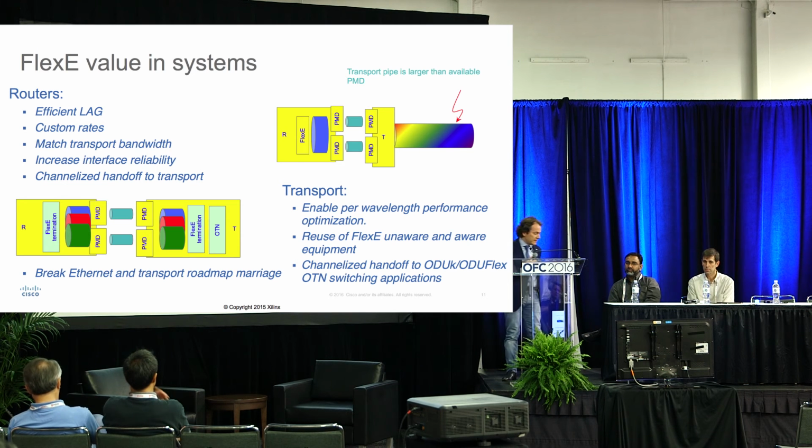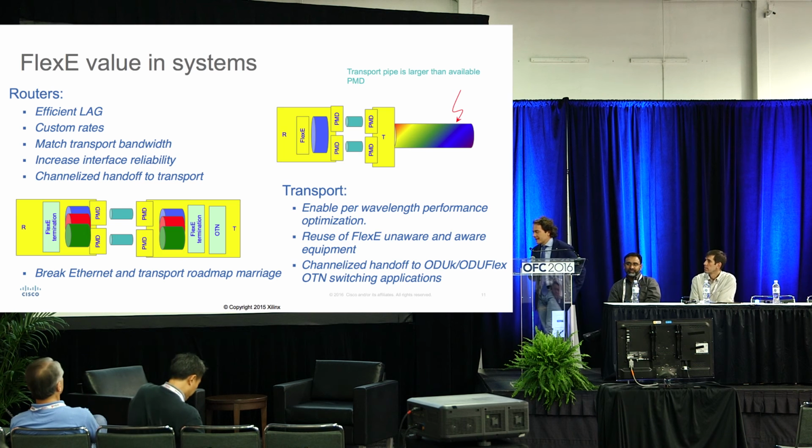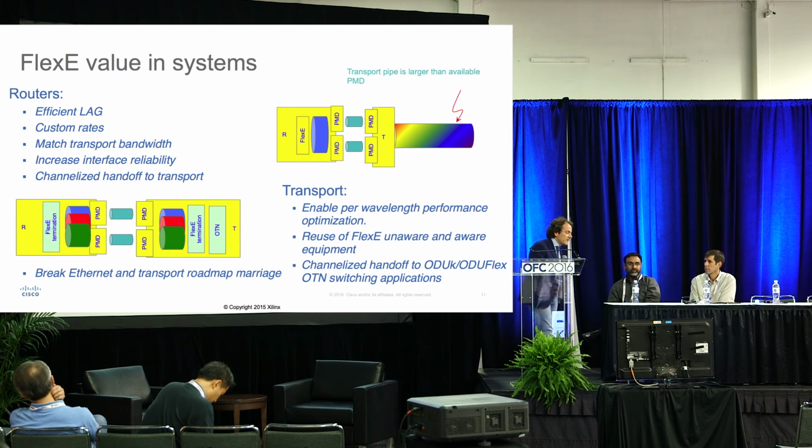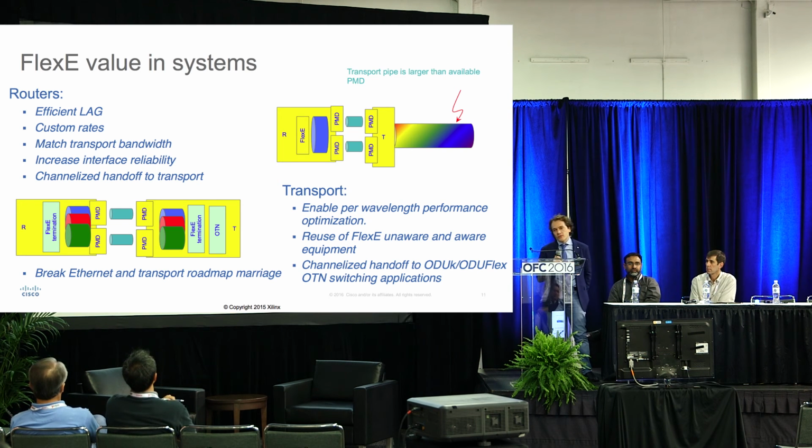Ted did not put it into the data center application, and I understand that. So it's probably not in data center interest, the channelization, but imagine this. I have a router that needs to talk with a traditional OTN network.